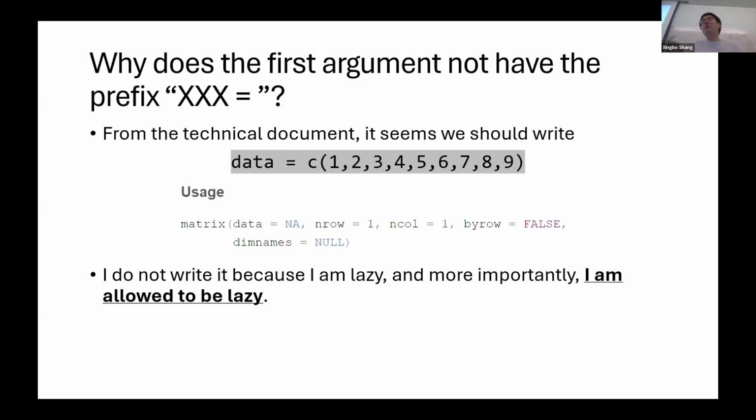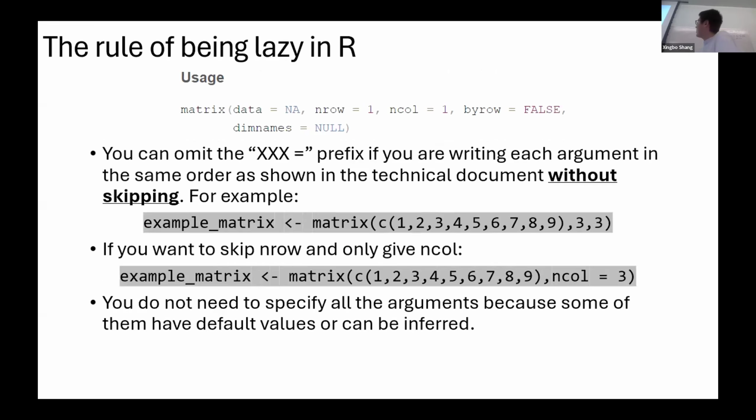If you want to know what the default is, go to the technical documents. So this is how we can be lazy by omitting the argument name. This is when you cannot be lazy.